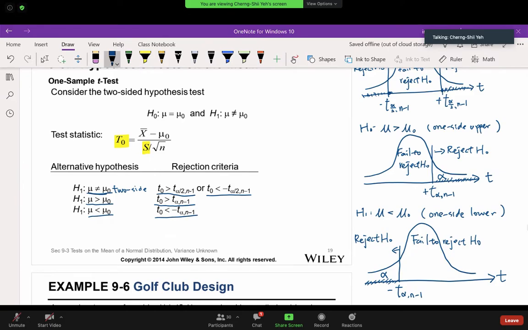I put a lot of time in this lecture to sketch it because I want you to have a perspective related to the actual distribution. So you shouldn't have to memorize anything, and you should be able to draw your conclusion based on your sketch.